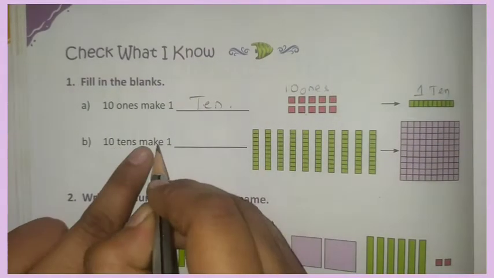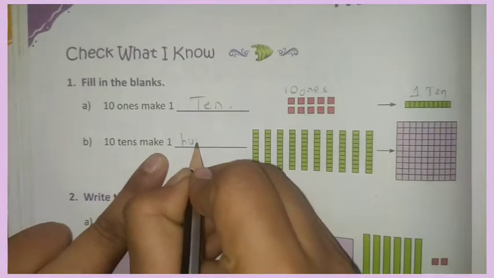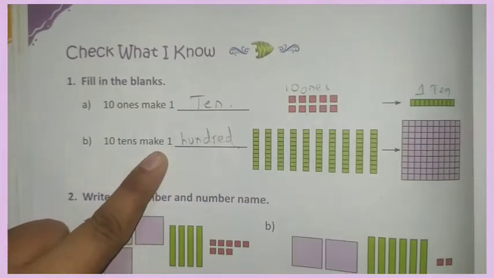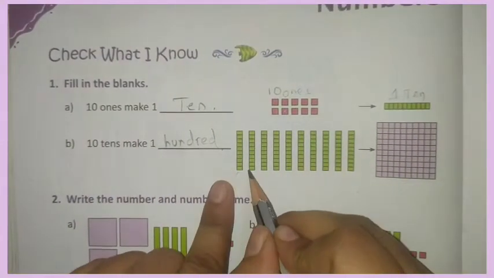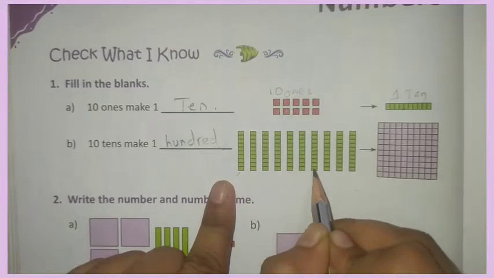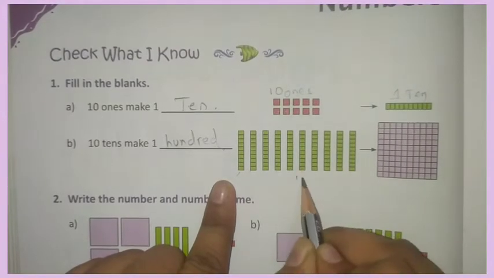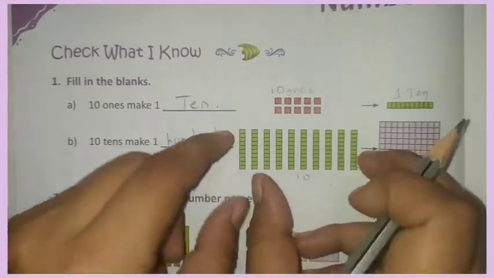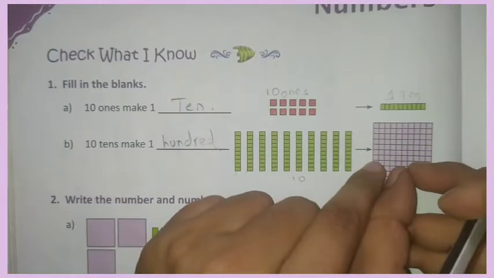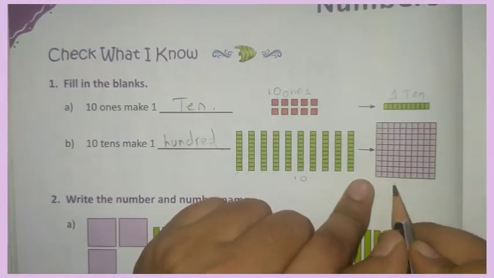10 tens make 100. Here 1, 2, 3, 4, 5, 6, 7, 8, 9, 10 tens are there. These 10 tens will make 100. This is the hundreds box.